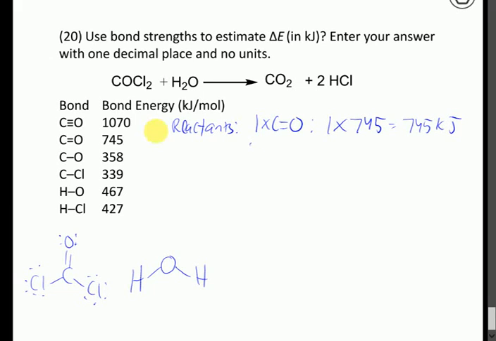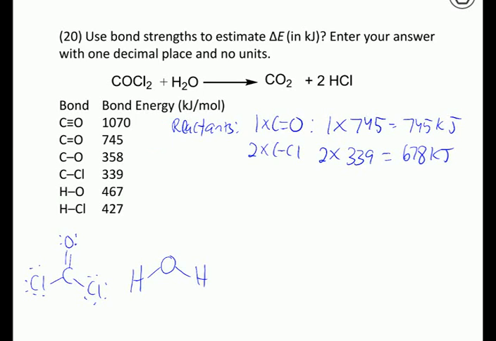We have 2 carbon-chlorine bonds, okay, because we have COCl2: one bond to chlorine, a second bond to chlorine, 2 of those. So you have to double that number, which is 339 from the table. And then finally, in water, we have 2 OH bonds.